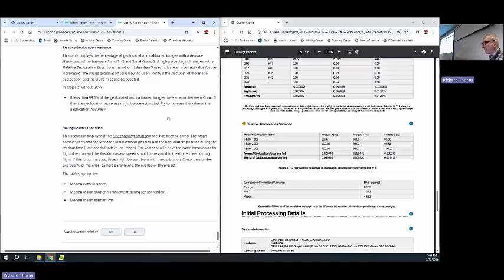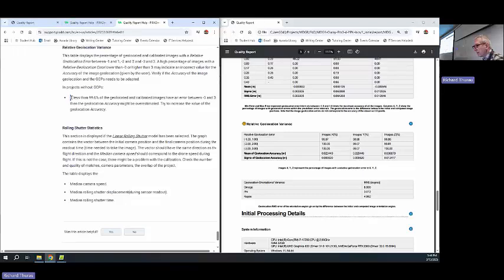A high percentage of images with a relative geolocation error lower than -3 or higher than 3 may indicate an incorrect value for the accuracy of the image geolocation given by the user. So our geotags may be in error. Verify the accuracy of the image geolocation, and GCPs need to be adapted.